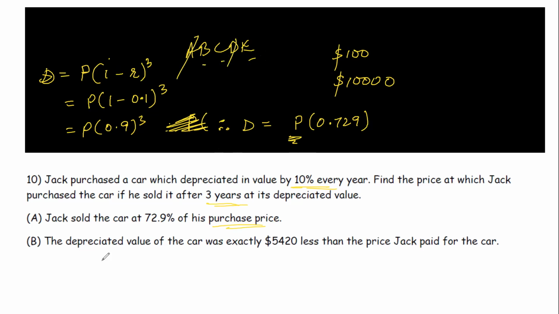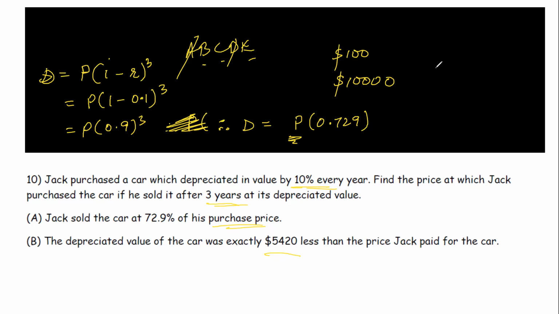Statement B: the depreciated value of the car was exactly 5420 less than the price Jack paid for the car. All right. So out here, we know that the depreciated value of the car was exactly 5420 less than the price Jack paid.